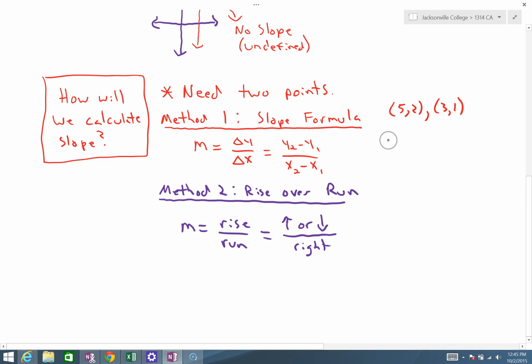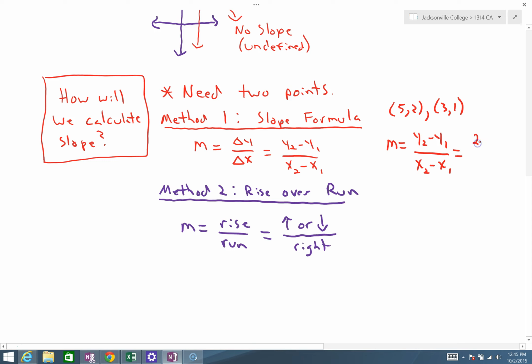So, m equals y2 minus y1 over x2 minus x1. Well, this y2 and y1, they're just referencing the y coordinates. It doesn't matter which one we call y2 and y1, provided we do the same with the x's. So for y2 minus y1, I'm simply going to subtract 2 minus 1.